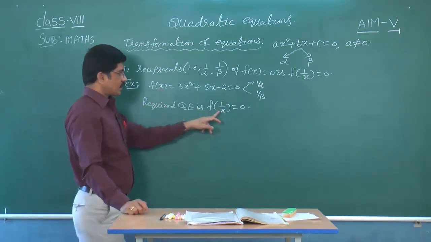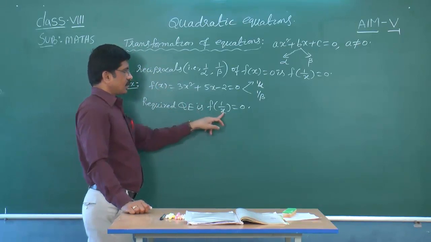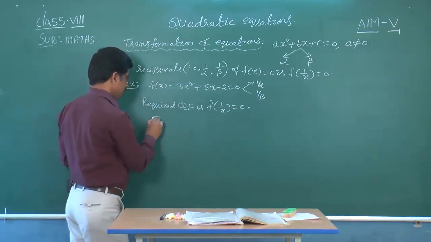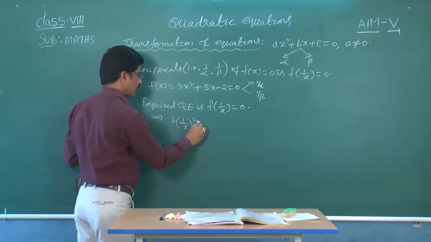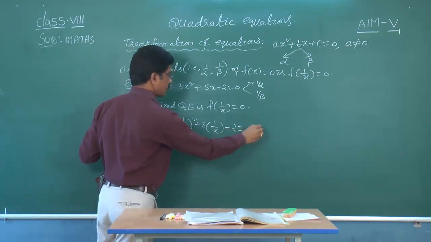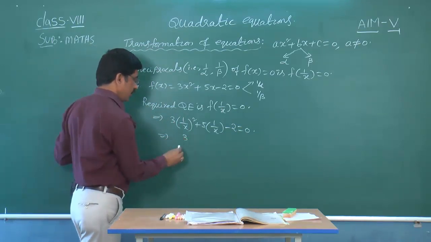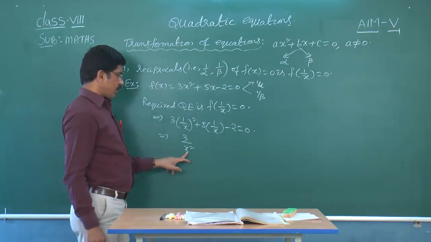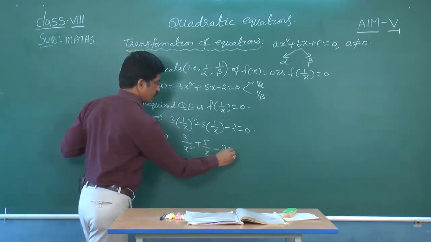Instead of x we substitute 1 by x. Substitute here 3 into 1 by x whole square plus 5 into 1 by x minus 2 is equal to 0. That is 3 by x square plus 5 by x minus 2 is equal to 0.